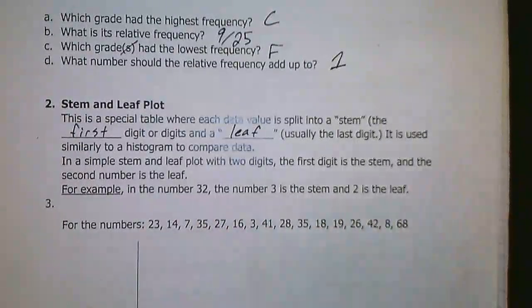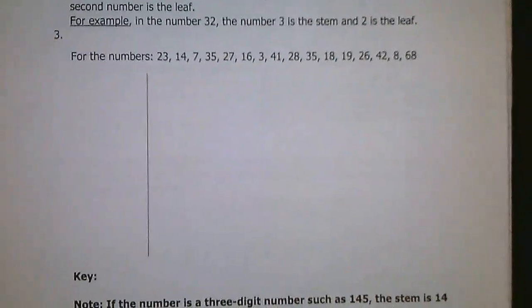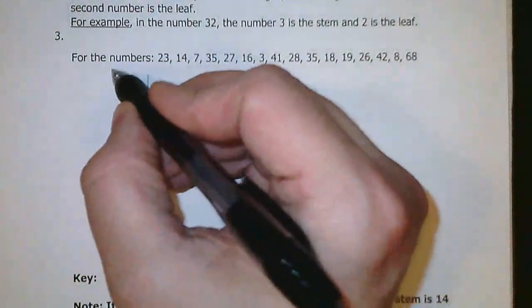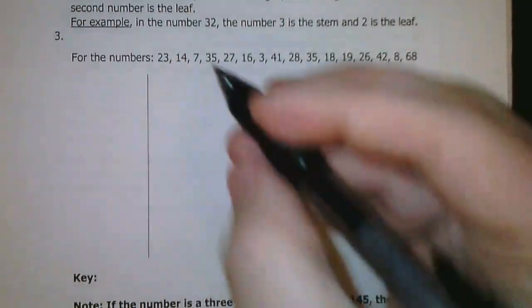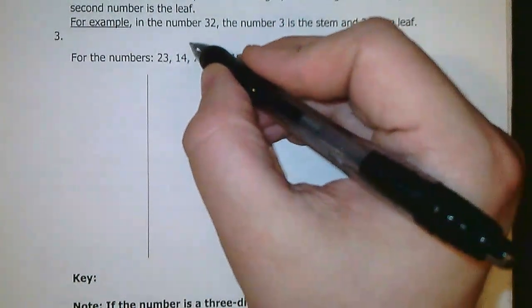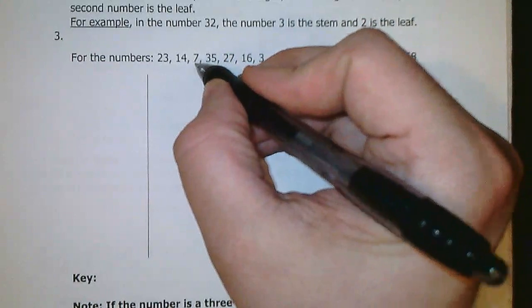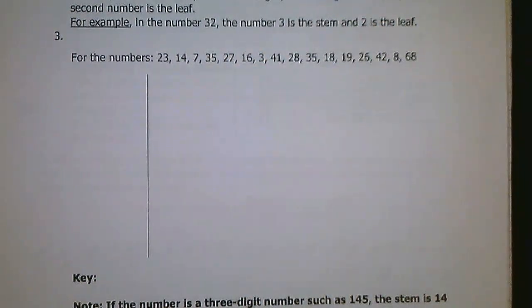And so we make a vertical line like this. And we'll put our stems on the left, our leaves on the right. So create a stem and leaf plot for these numbers. So what about the number 7? What if it's only one digit?